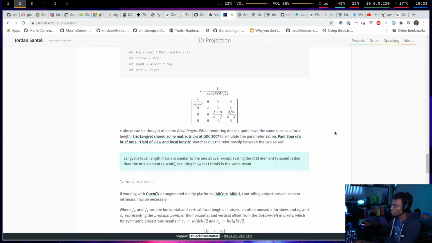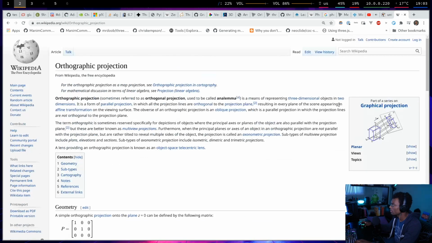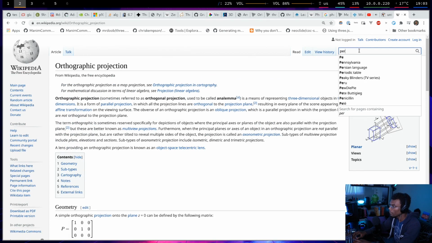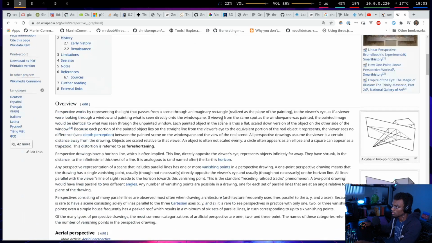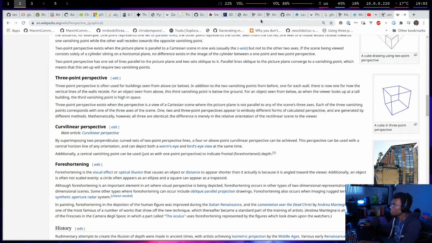perspective projection. I'll look in Wikipedia, actually. I think that's what it's called. I'm looking for the matrix.